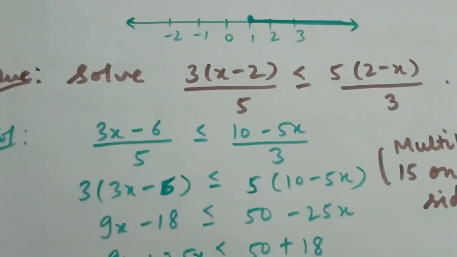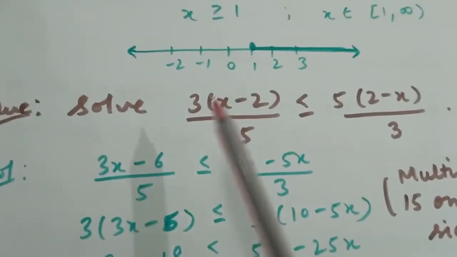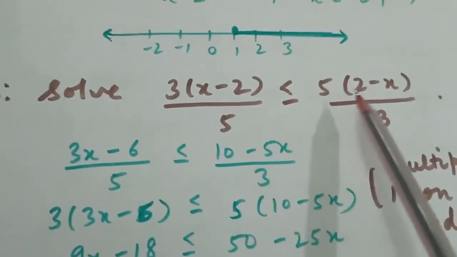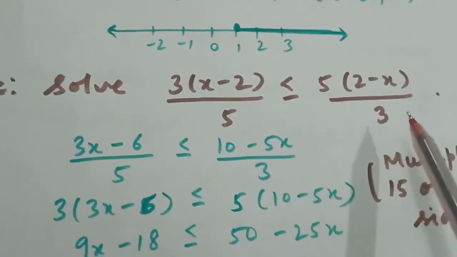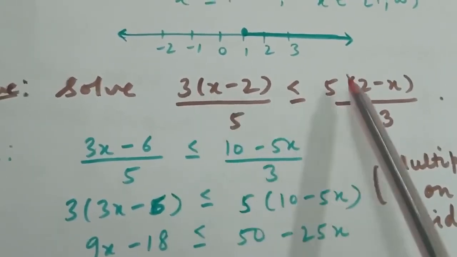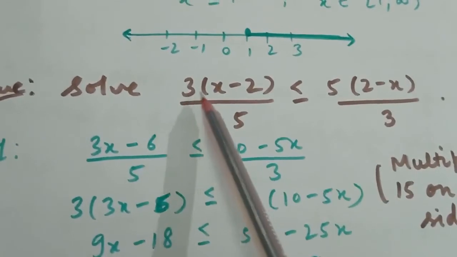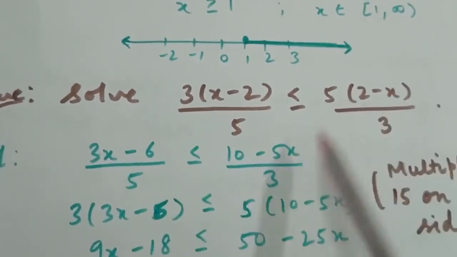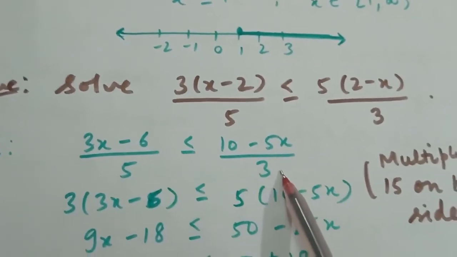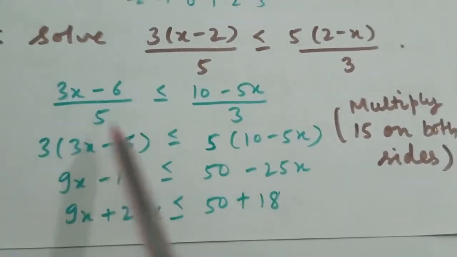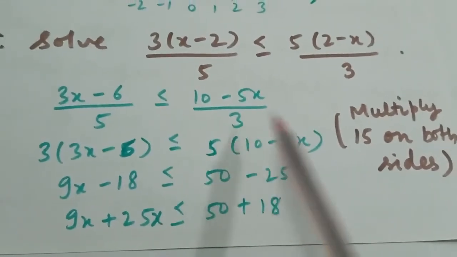Now next is solve 3(x - 2)/5 ≤ 5(2 - x)/3. For solving this, we have to multiply these terms, right? So multiplying: (3x - 6)/5 ≤ (10 - 5x)/3. Now we have to multiply by the LCM of these two numbers, which is 15.